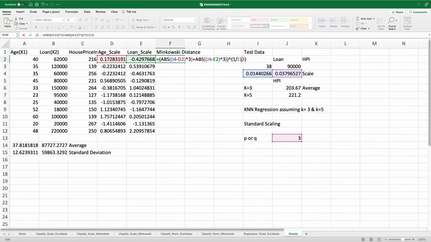So we will incorporate wherever there is 3 with the cell value and fix it.